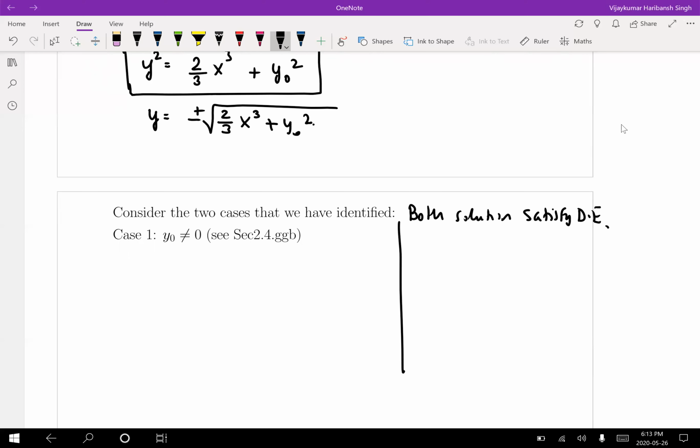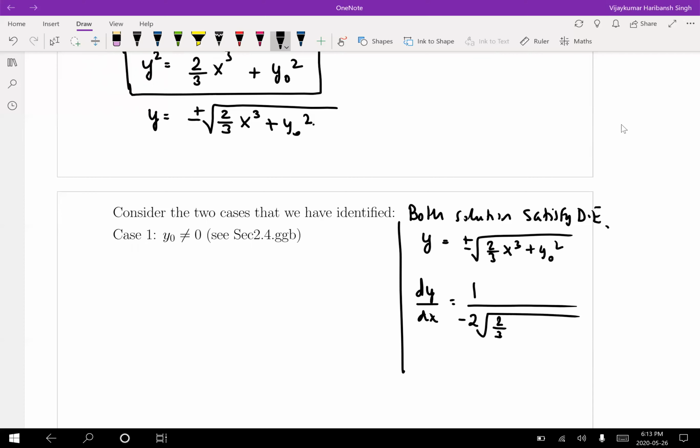If you take y equals plus or minus the square root of 2 by 3 x cubed plus y naught squared, then dy by dx is going to be 1 by 2 times the square root of the same expression, times the derivative of the inside with respect to x, which is 2 by 3 times 3x squared.